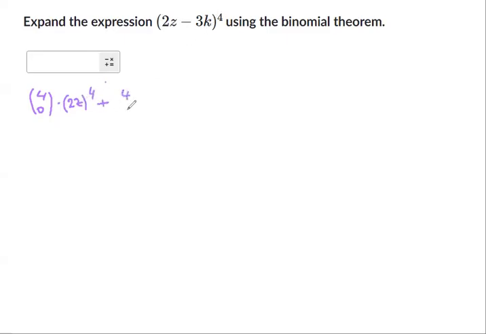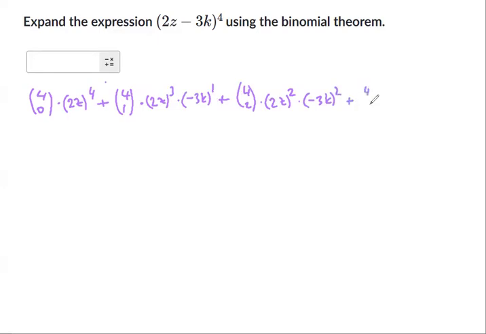And then now we have 4 choose 1. So we start with 0, now it's 1. And then 2z to the 3rd, and then -3k to the 1st power. And the next one is 4 choose 2 times 2z to the, this was the third power, so we should have the second power, and then negative 3k to the second power.